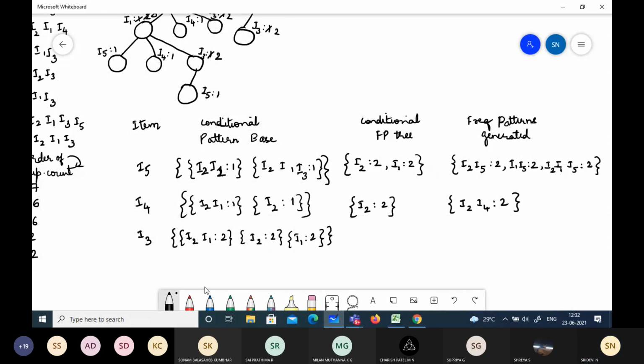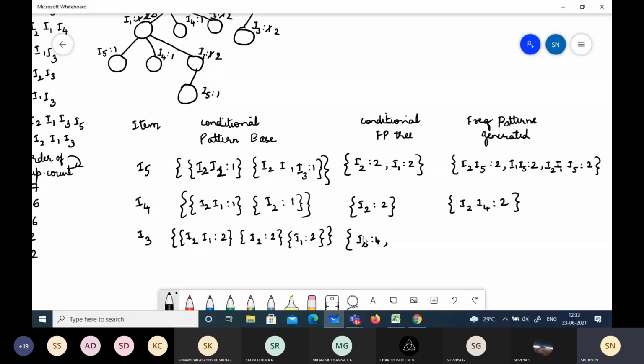Now let's combine. So we have I2 twice here, 2 plus 2, 4. I2, 4. And then I1. I1 is present only in this. This is the left subtree and this is the right subtree. So we'll take it separately.